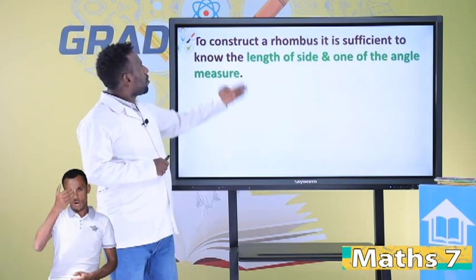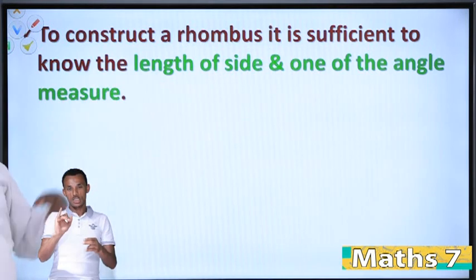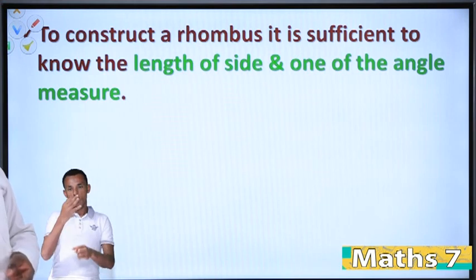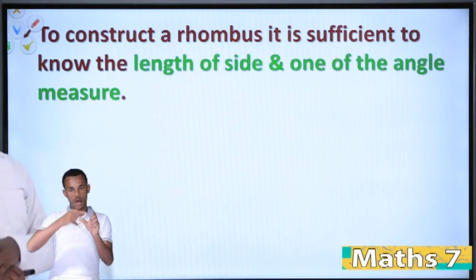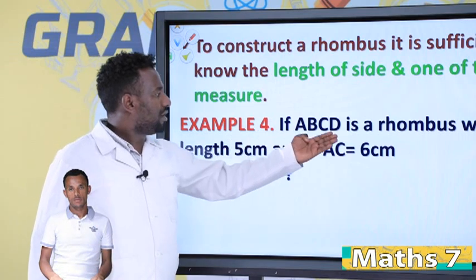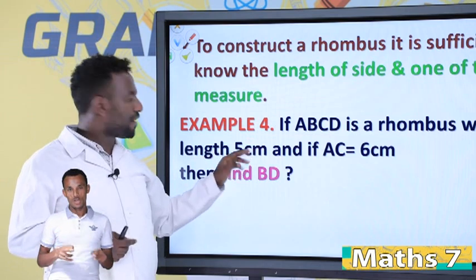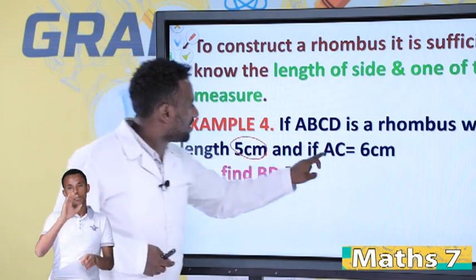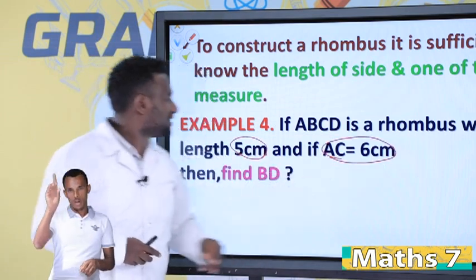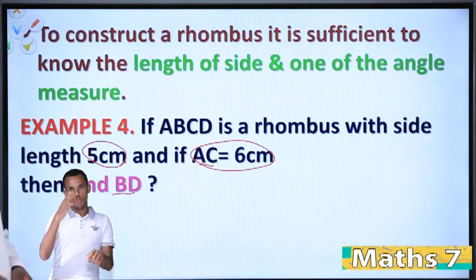Good. To construct a rhombus, it is sufficient to know the length of the side and one angle's measure. If ABCD is a rhombus with the side length 5 centimeters and diagonal AC is 6 centimeters, find the length of BD.